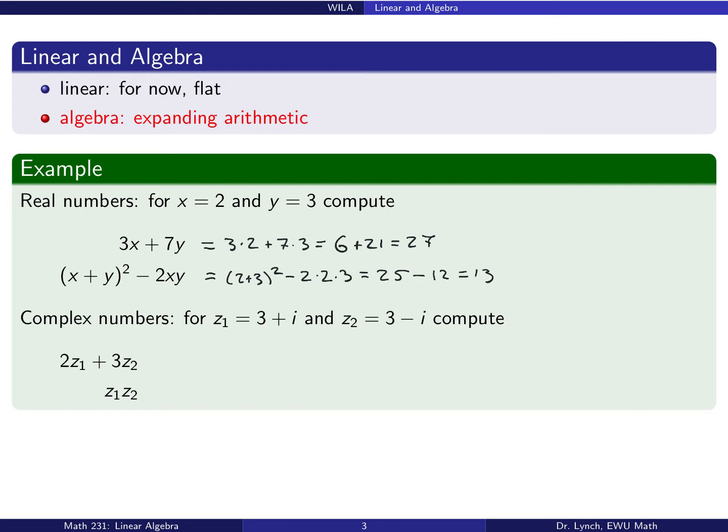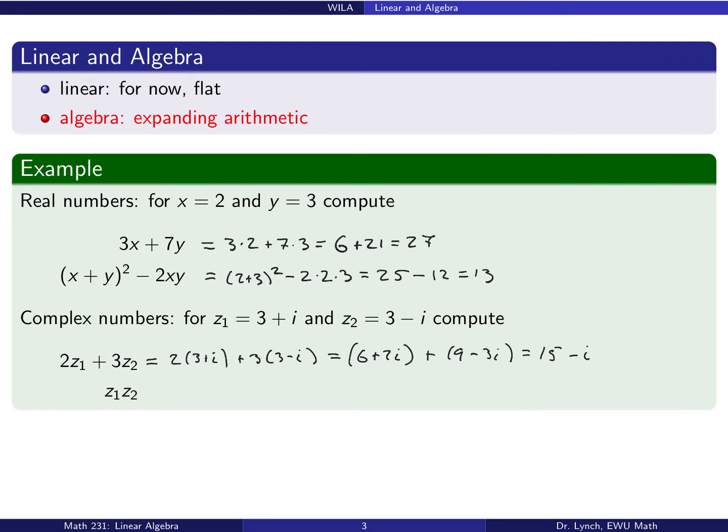It's also going to be important for us to be able to do complex arithmetic. So we see here that we can compute, for instance, 2 times z1 plus 3 times z2, for z1 is 3 plus i, and z2 is 3 minus i.